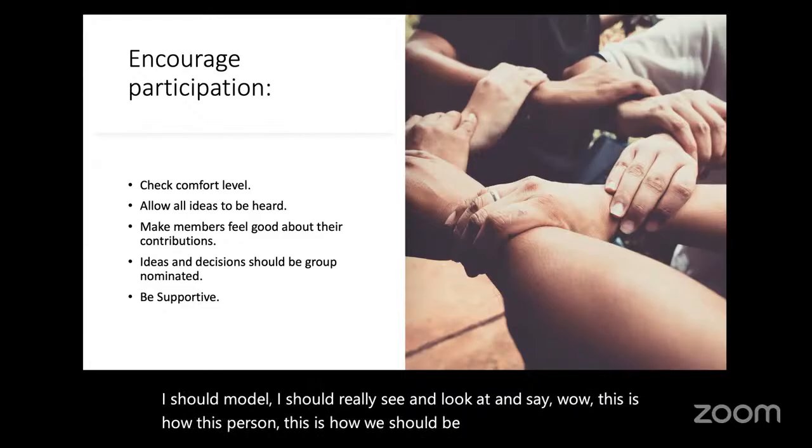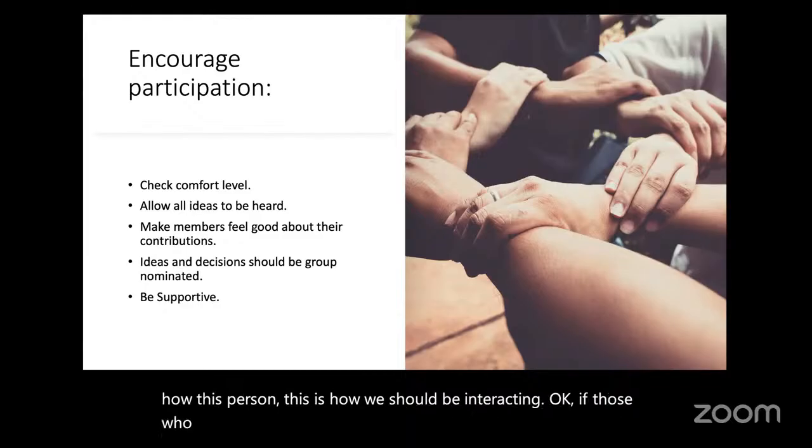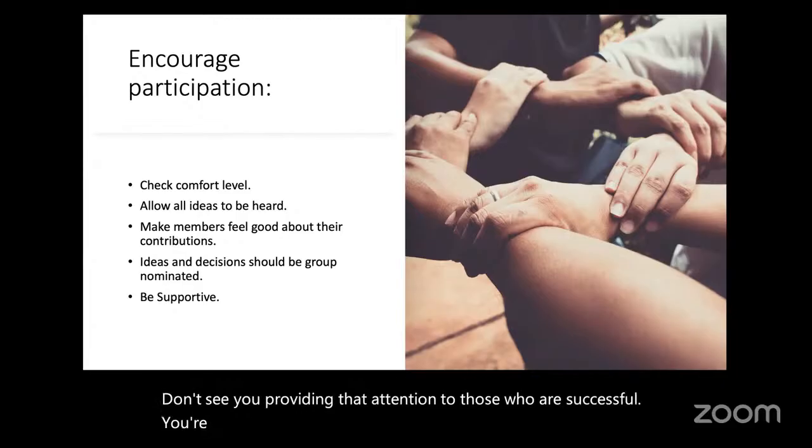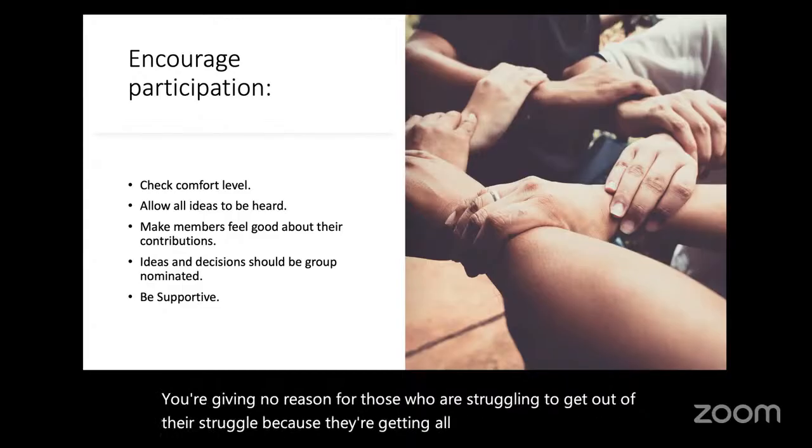Okay. If those who are struggling in the group don't see you providing that attention to those who are successful, you're giving no reason for those who are struggling to get out of their struggle, because they're getting all the attention.